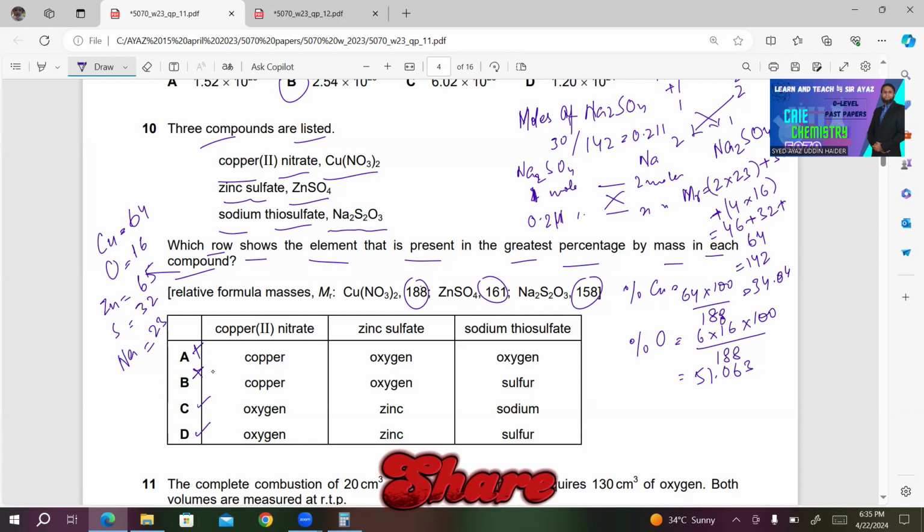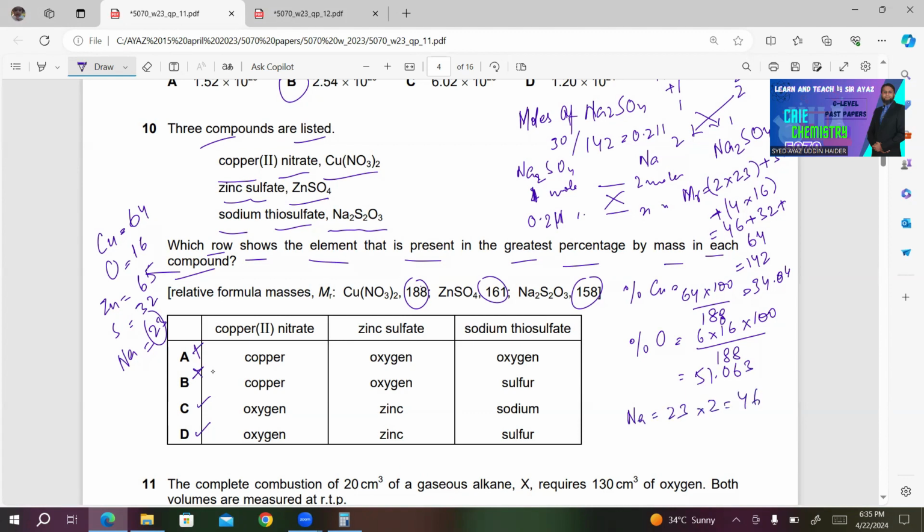What about sodium thiosulfate? It's either sodium or sulfur. If you look at the formula of sodium thiosulfate, it is Na2S2O3 and AR of Na is 23. You need to multiply it by 2, so you will get 46.